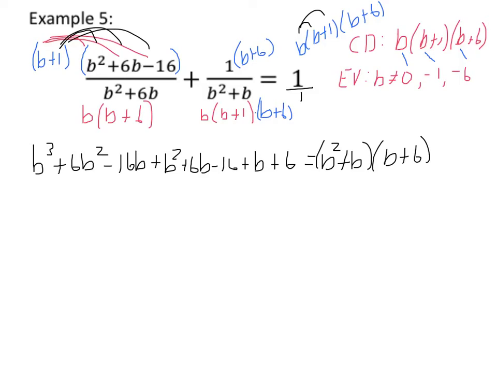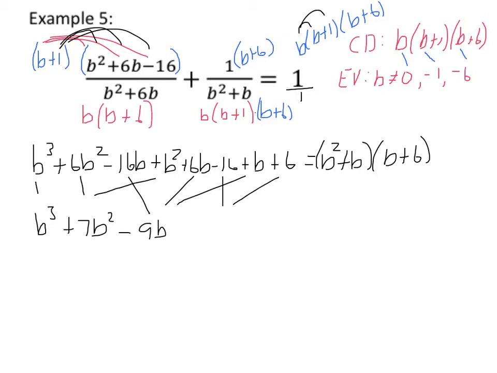So there I have to distribute yet. So before I do that, I'm going to clean up the left side. I have a b cubed. I have 6b squared and 2b squared, so plus 7b squared. I have those b's, so -16 plus 6 plus 1 would give us a -9b, and -16 plus 6 gives us -10.